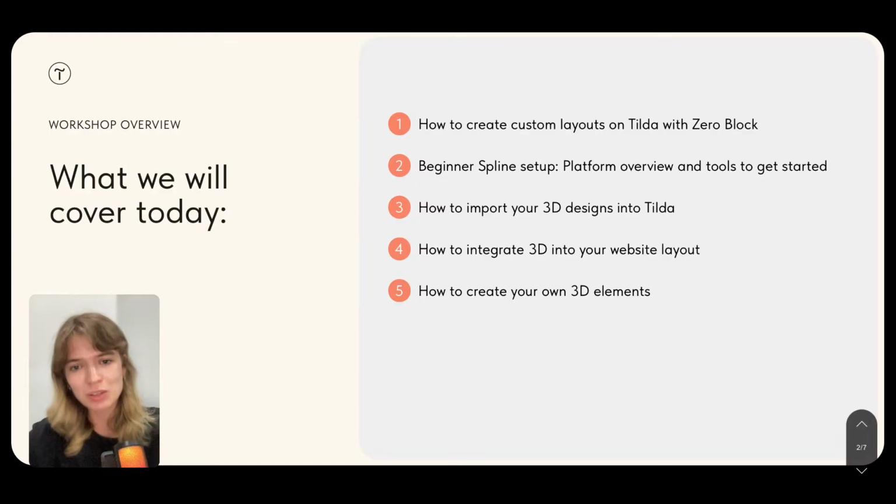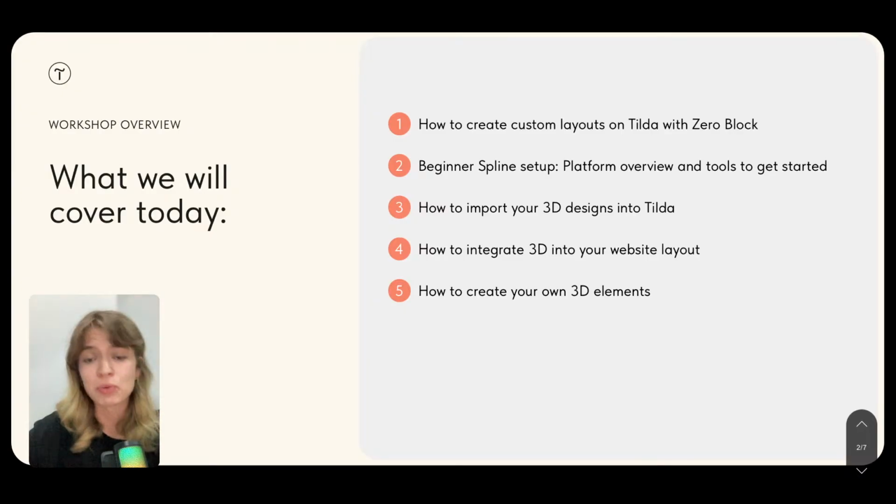Next, we're going to go to Spline, and let me know in the chat if you know what Spline is, if you have already worked with Spline. Basically, this is a tool to create 3D scenes, 3D elements, and then import them to the web. You can embed them on the website, create a web app, gamify your website, make it more immersive, interactive, and stuff like that.